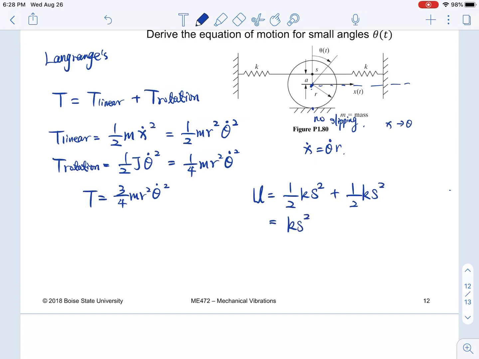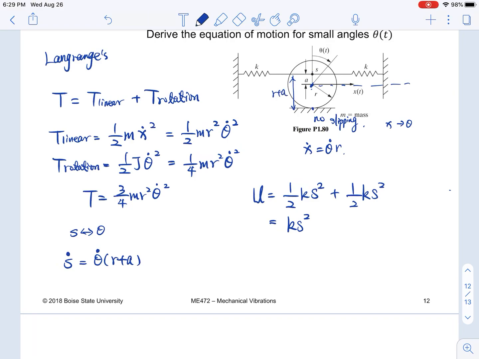So we need to relate your s to the theta angle. It's hard to get the displacement in one shot, but we know the velocity relationship. That means the velocity of s equals theta dot times r plus a. That's the total height of your point s.